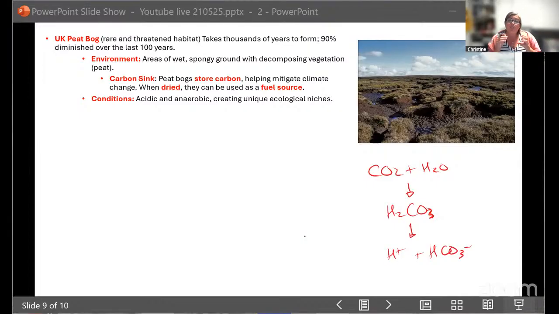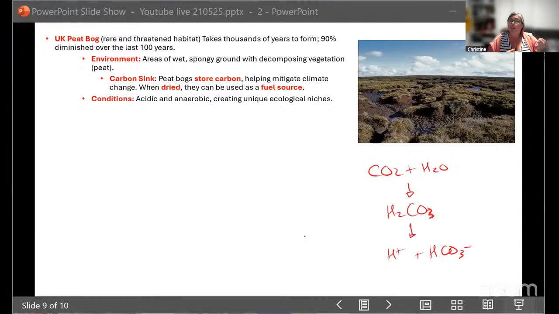A lot of students forget the fact that the carbon dioxide and water reaction that you learned to do with the dissociation curve and the Bohr shift can come in any which place it wants to because it's talking about carbon dioxide and water interacting. So because of that, that's going to make it really acidic and also is going to make it anaerobic conditions.